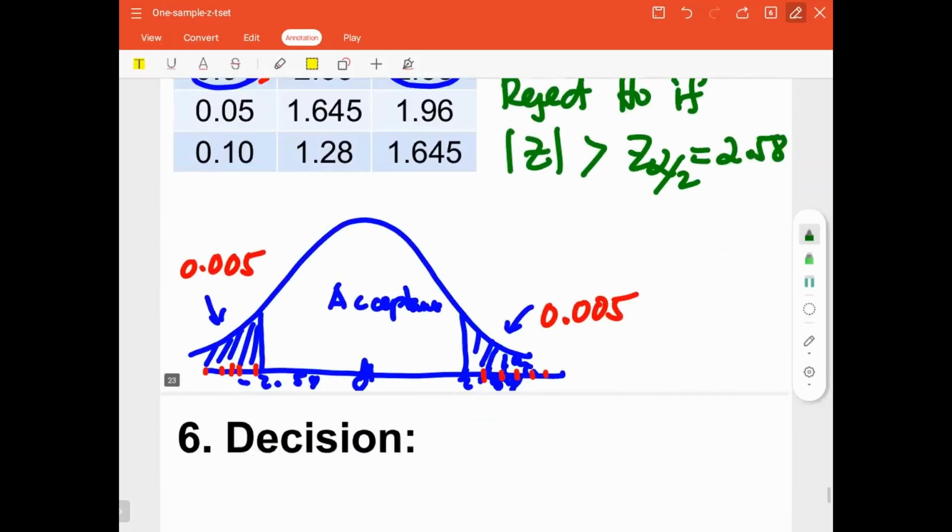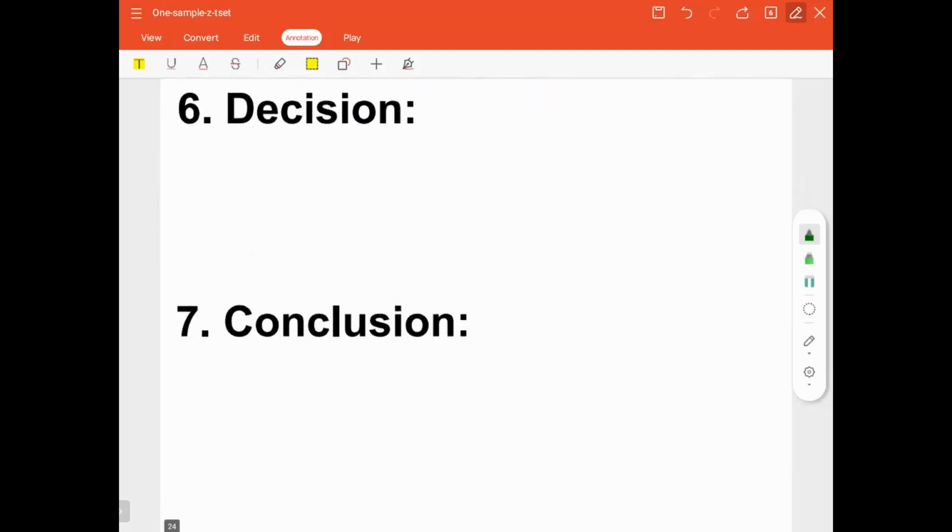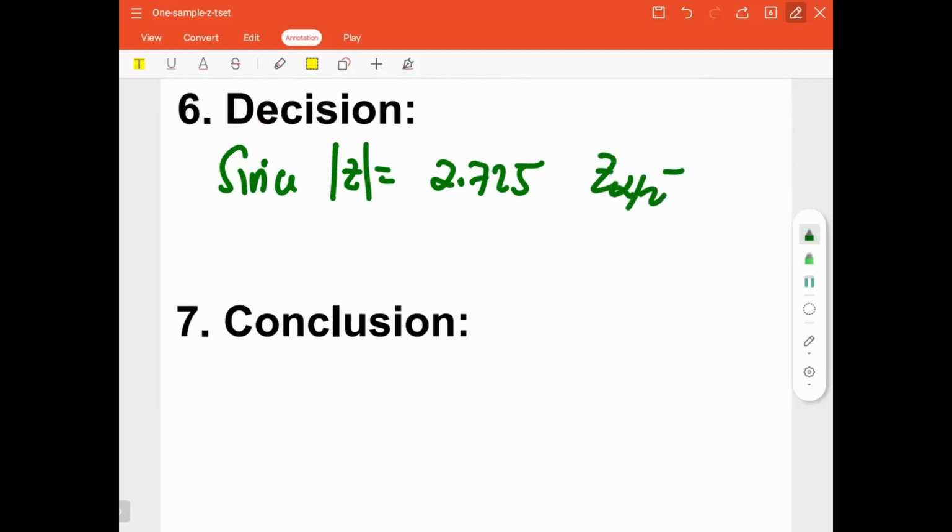Now, what will be our decision? Since the computed value of 2.725, after getting the absolute value there, compared to the critical value of z of alpha over 2, which is 2.58, it is bigger. This is greater than, right?